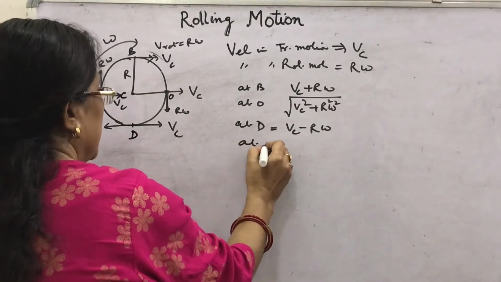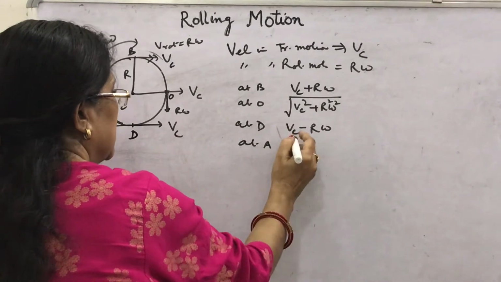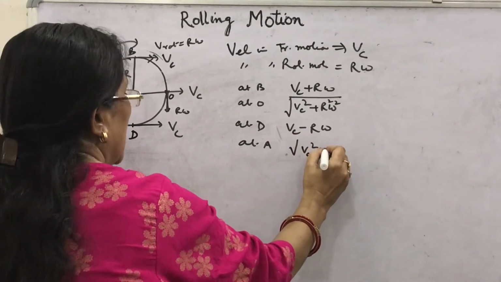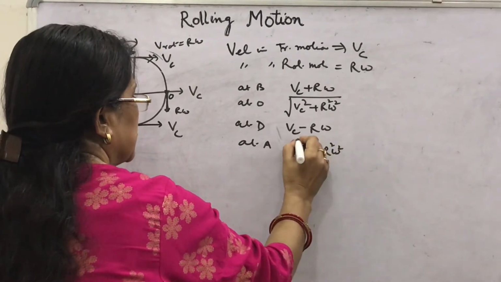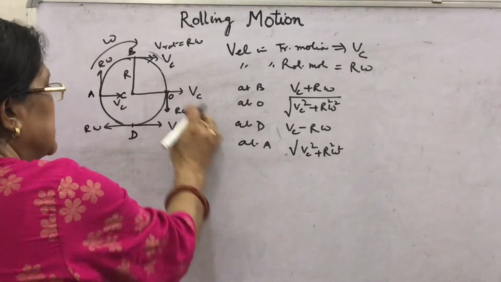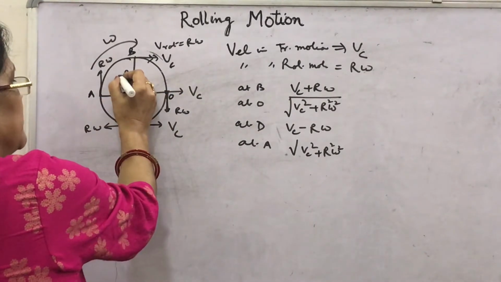And at point A, again the velocity is under root Vc square plus R square omega square. We can write these as speeds, because the direction of net velocity will be here, and here the net velocity will be in this direction.